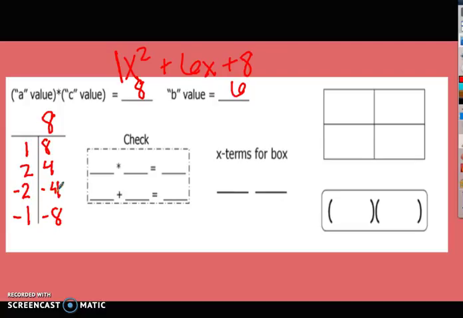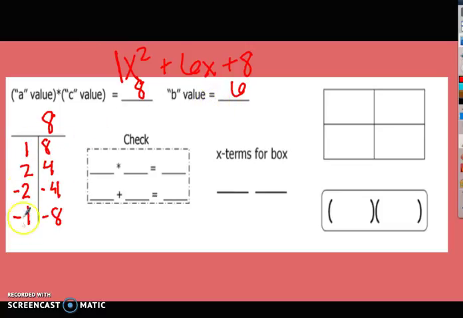Alright. So I've found my factors that multiply to a times c. What's my next step? Find one of these factors that will add to b.